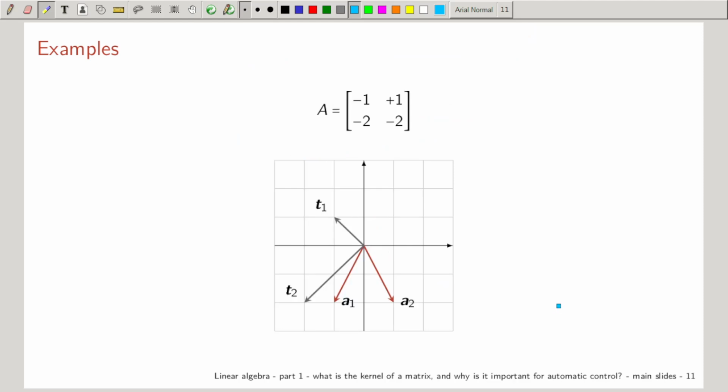And here, the kernel is equal to only the origin. See? In general, whenever we have T1, T2 that are spanning everything, whenever the determinant is different from 0, we will have... sorry, the determinant equal to 0, but we do it later.